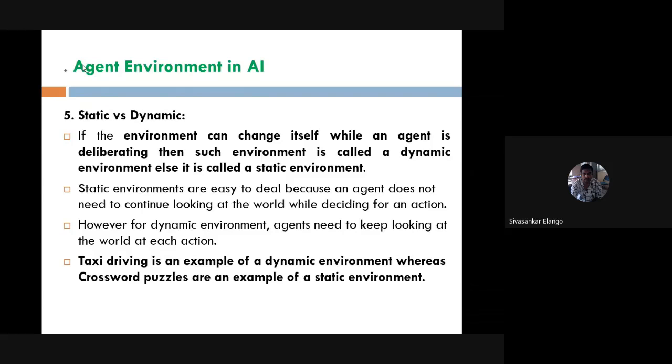Whereas if the environment for a particular software agent does not change dynamically, then it is called a static environment. For example, you have an agent for solving puzzles. Solving a crossword puzzle is an example of a static environment because the problems and the environment are the same.